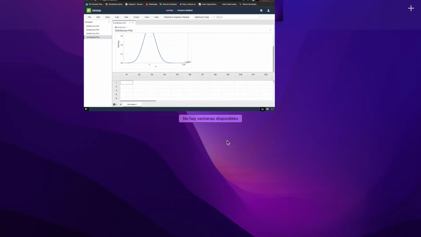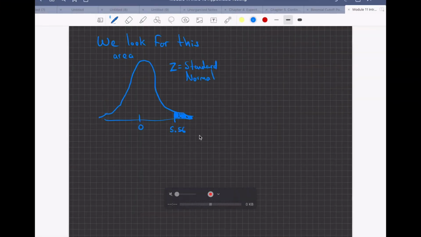Is that okay? So in this case, the p-value is approximately 0. This symbol means approximately.